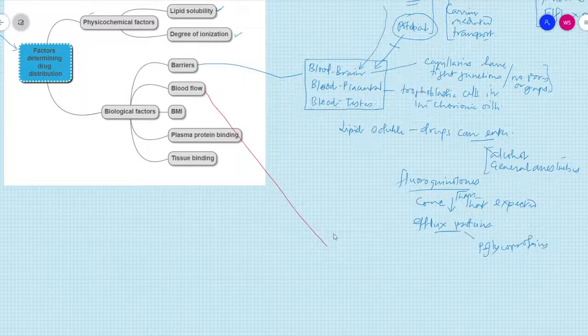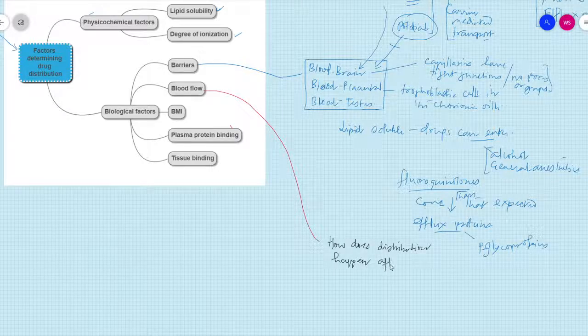So by blood flow we mean, how does distribution happen after the drug reaches the blood?